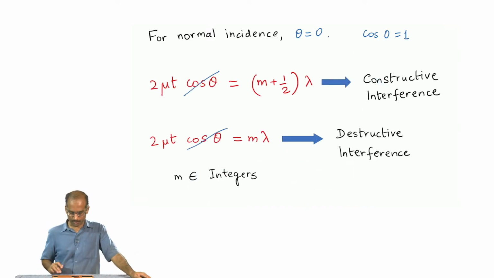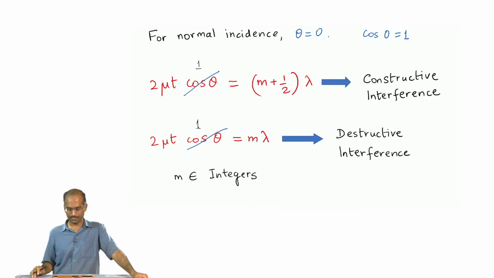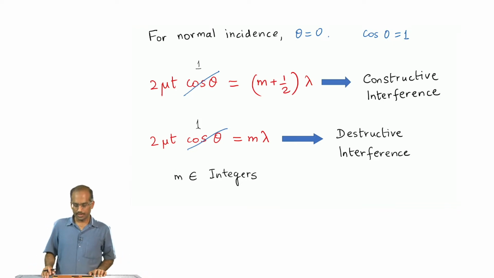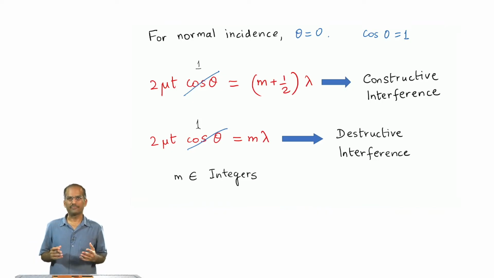Now, if I put theta equal to 0 for the case of normal incidence, then cos 0 is 1. So, this term cos theta will just vanish and give me 1, similarly here as well. So, the condition that is relevant for this problem is that 2 mu t is equal to either an integer times the wavelength or an integer plus half times the wavelength.